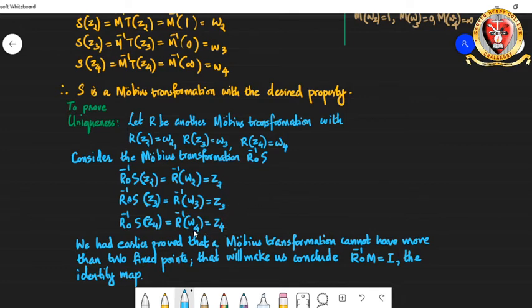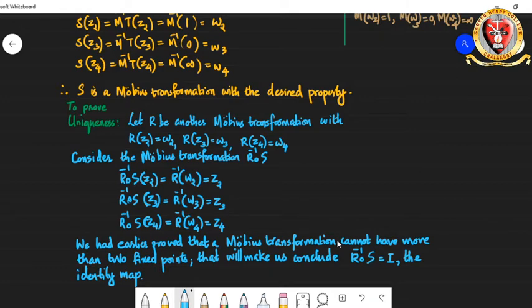That means z2, z3, z4 are actually fixed points of the Mobius transformation R inverse composition S. And earlier, while we were dealing with Mobius transformations, we had said that the maximum number of fixed points a Mobius transformation can have is 2. So here we are having 3. That means we are concluding that R inverse composition S is nothing but the identity map.